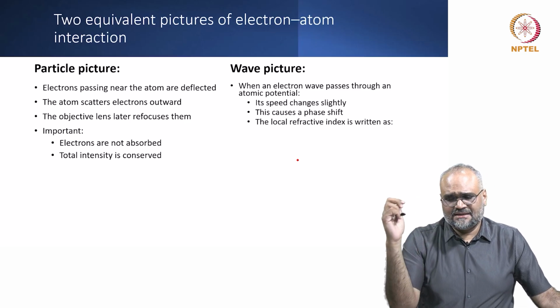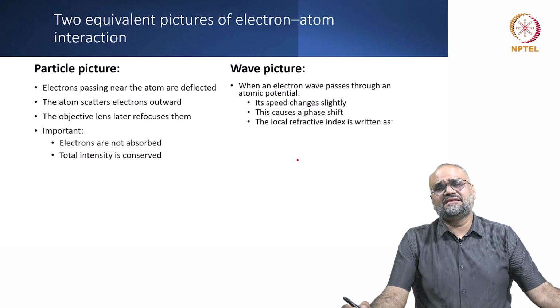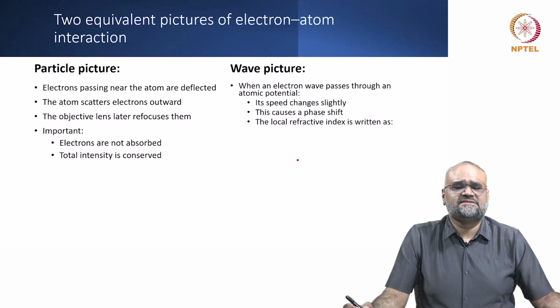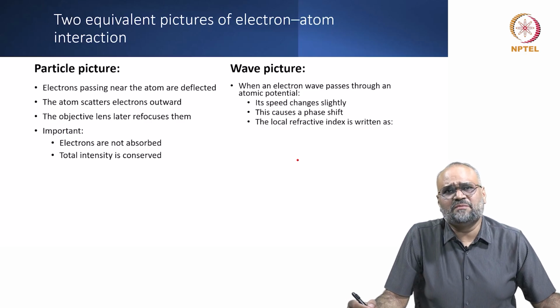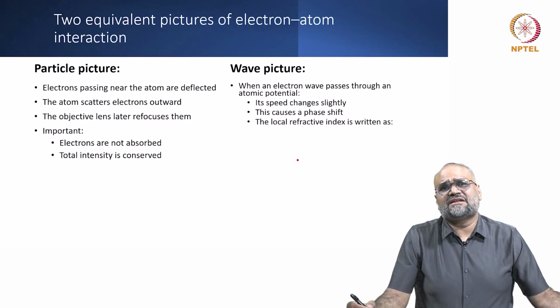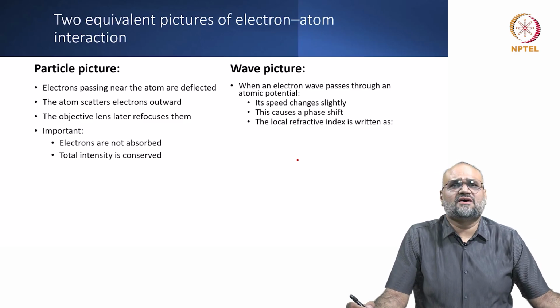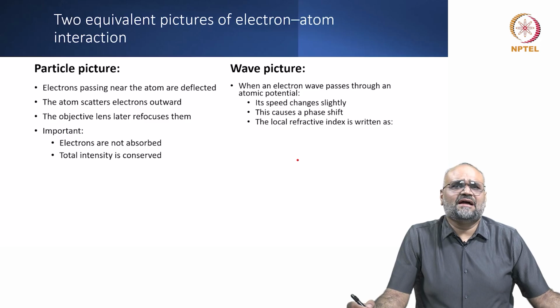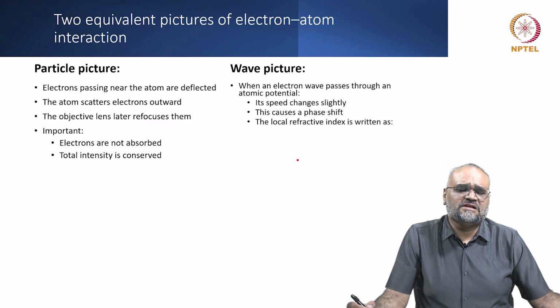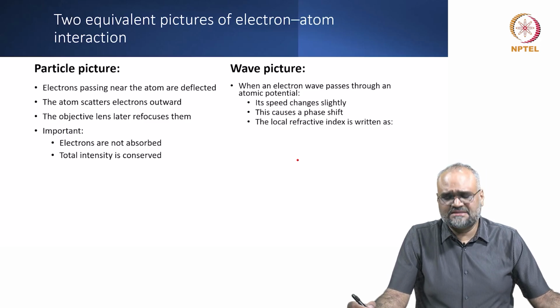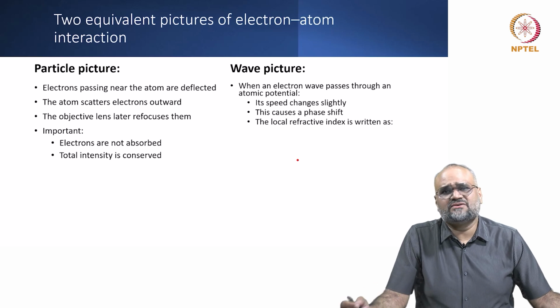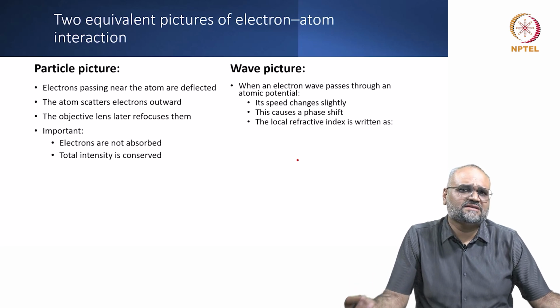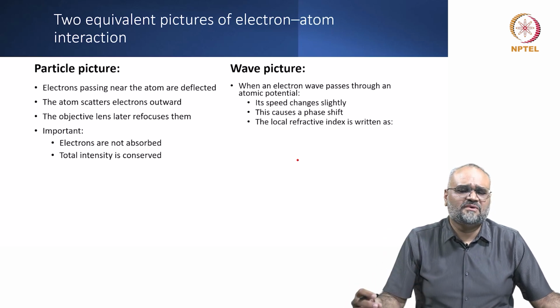If I draw the analogy with wave optics and look at light interaction with matter, we have the refractive index, which is of course a complex number. Similarly, in terms of the electrostatic potential of the atom, you can write an equivalent to the local refractive index due to the presence of a column of atoms.